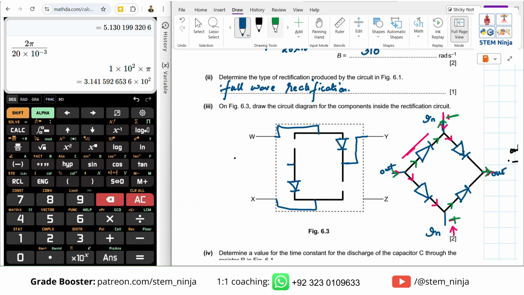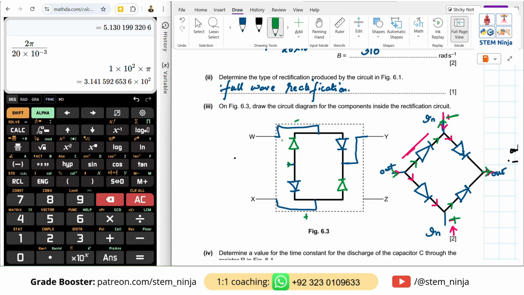On the other hand, if we make this positive and this negative, the current has to flow through this direction, flow through Y again, come back through Z. Z is over here, and then it needs to flow back through this, back to Z.